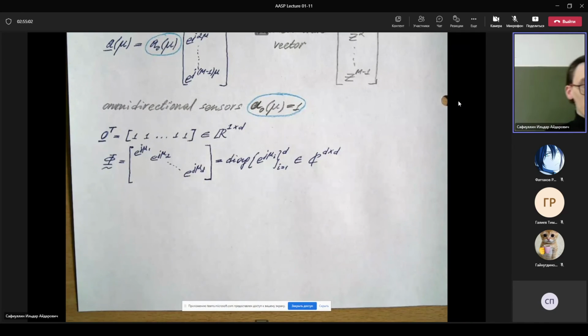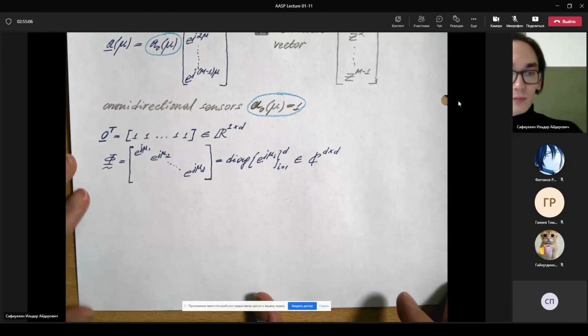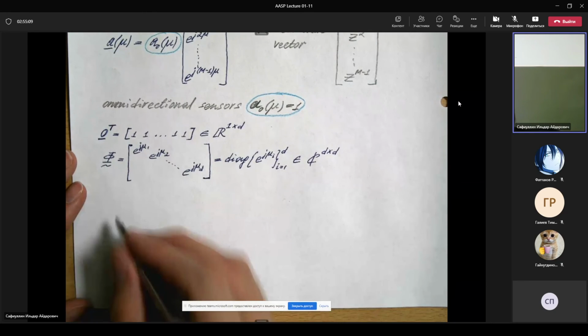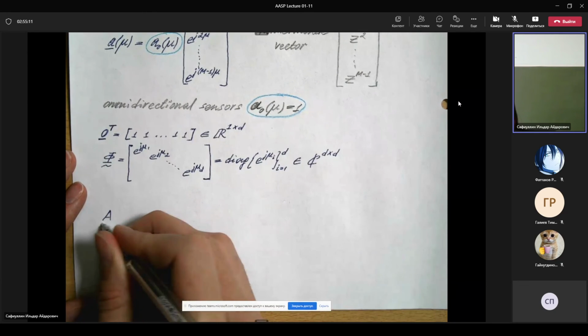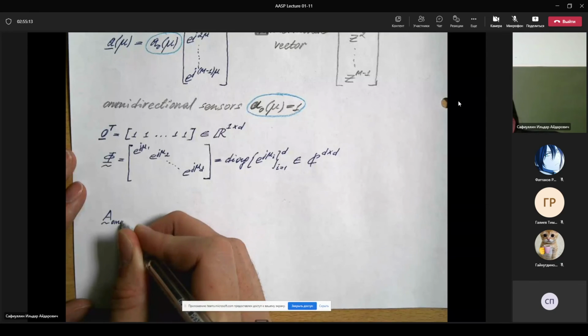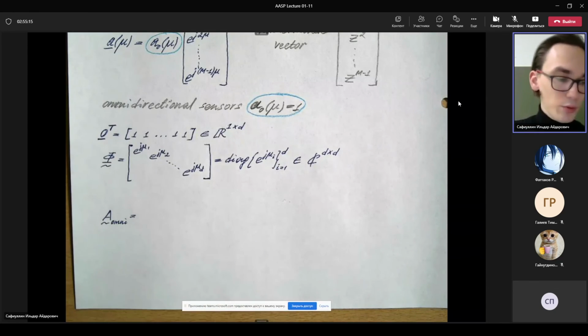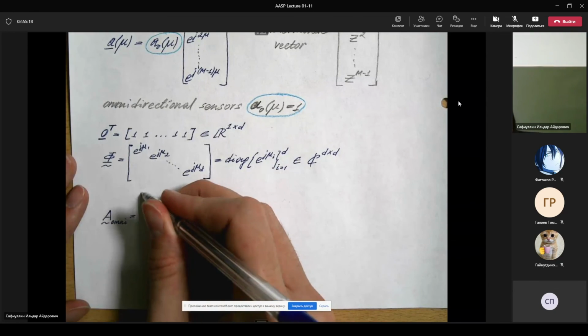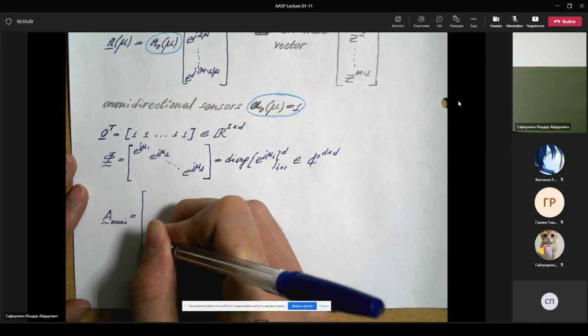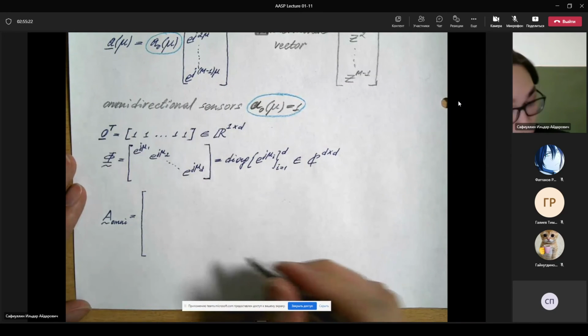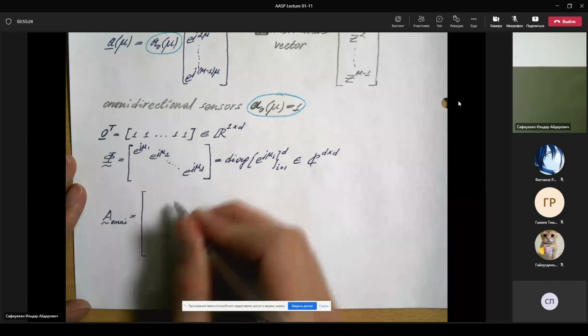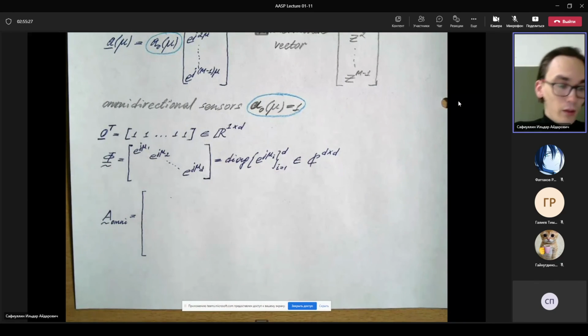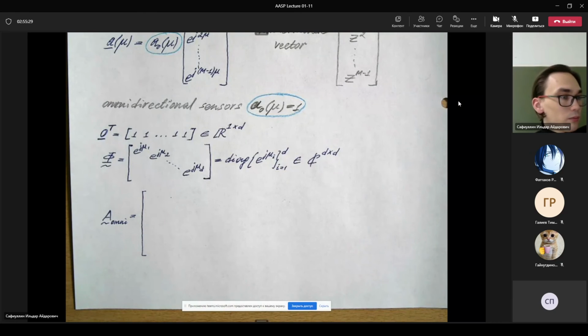And if we want to show the omnidirectional manifold, I will use A omni. It is equal to, so, the first sensor is our reference point.